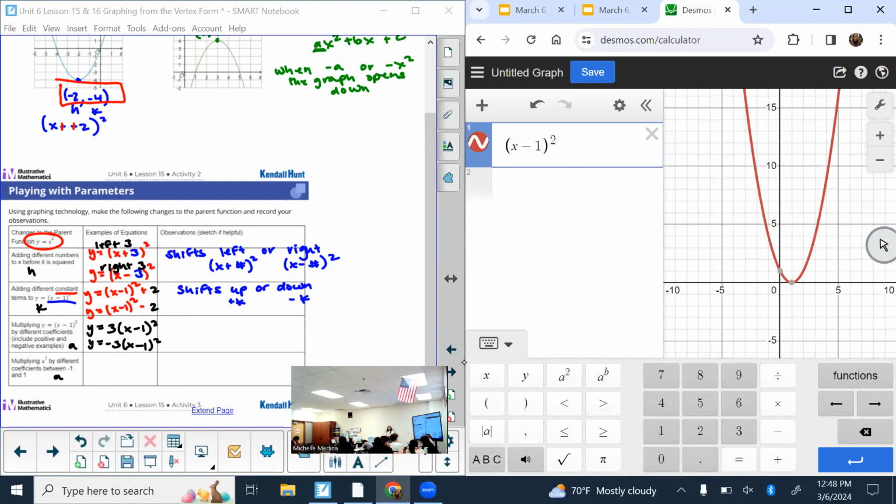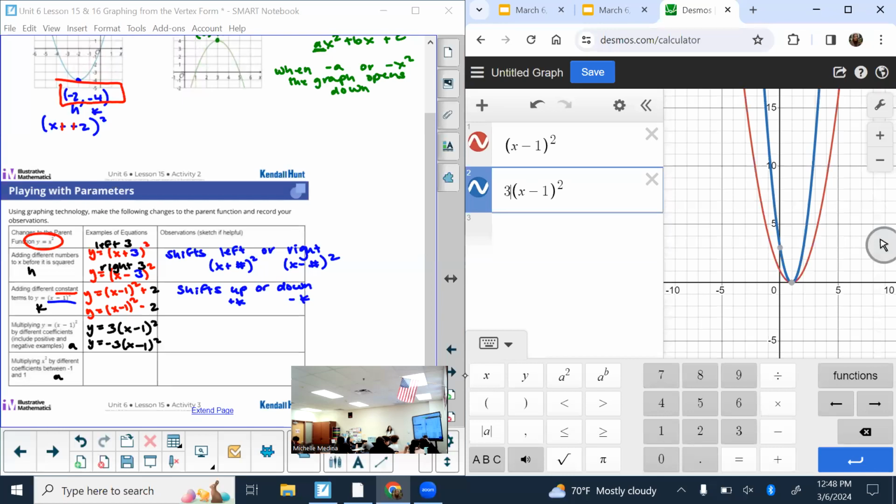For some reason, they want this one to be our original. Okay, so in a different cell, I'm going to put the transformed one. And we are timesing it by, for right now, a 3. Okay, so red's my original, blue is my transformed one.